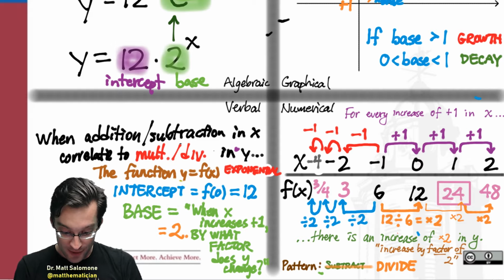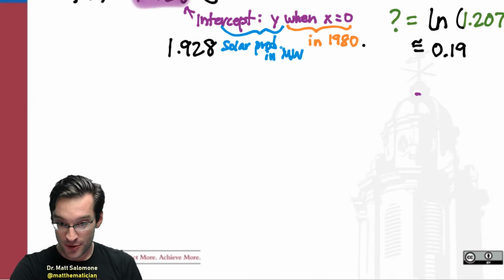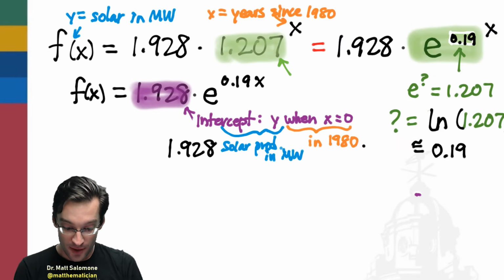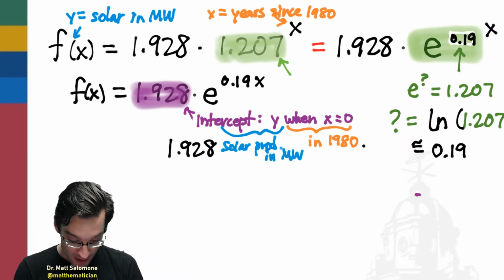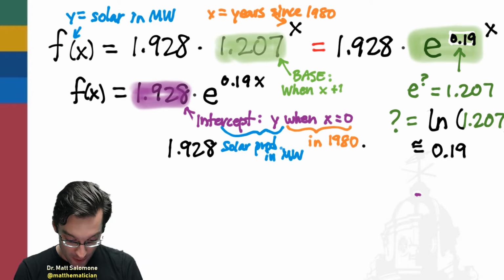And with that lens on this question, we now understand how to contextualize the base 1.207. It's an answer to the question, when x increases by 1, y is multiplied by 1.207.